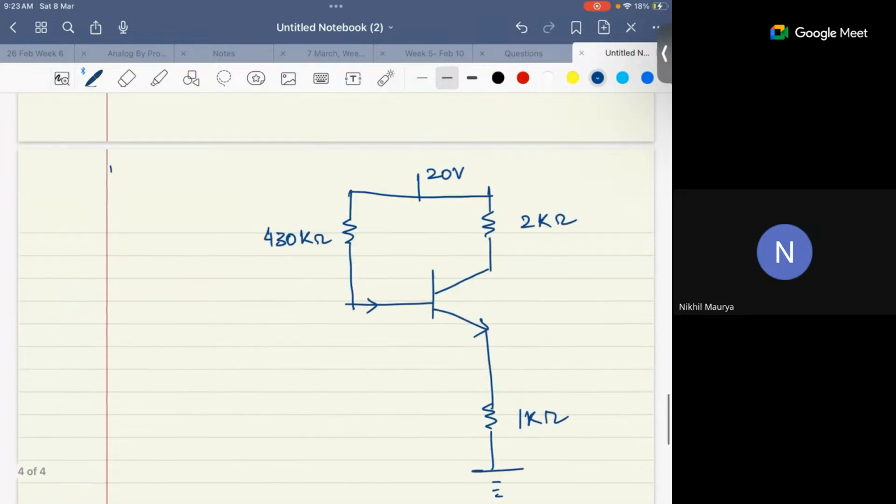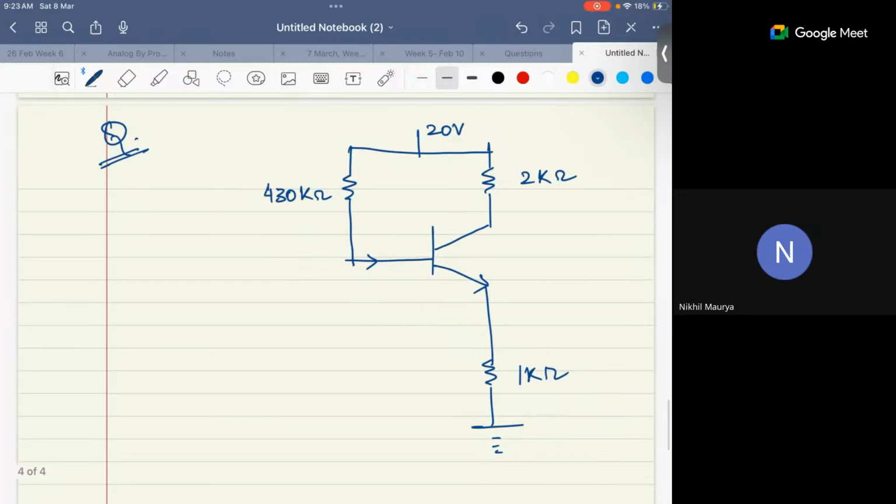It has been given that this is the question: you have to calculate the collector voltage. This is the collector, so this is VC. Other information: beta is very high, let's say beta equals 50. This is collector, this is base, this is emitter. The voltage VBE is already given as 0.7 volt.